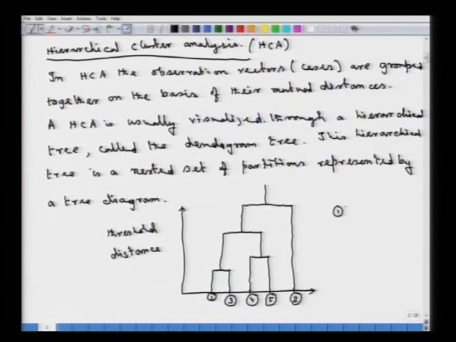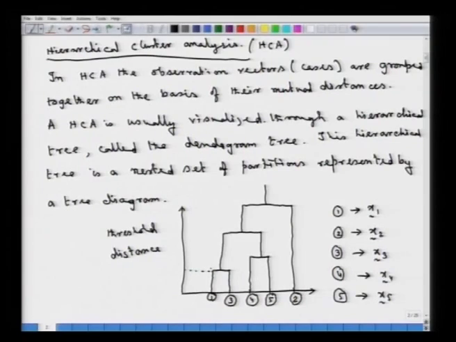Suppose case number 1 has a characteristic vector x1, case number 2 similarly has a characteristic vector x2, and similarly all the cases have their characteristic vectors, up to x5, the p dimensional characteristic vector of the last case. Now, case number 1 and case number 3 come together to form the first cluster among all these 5 cases.